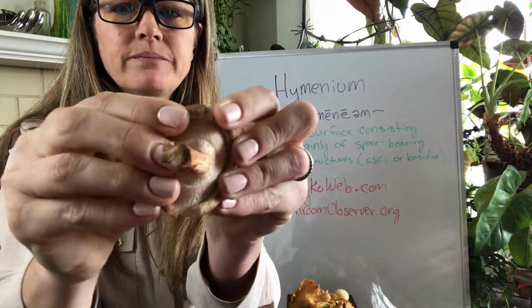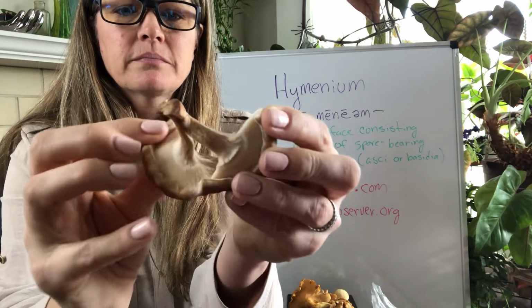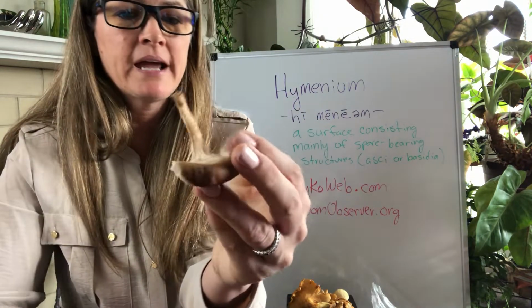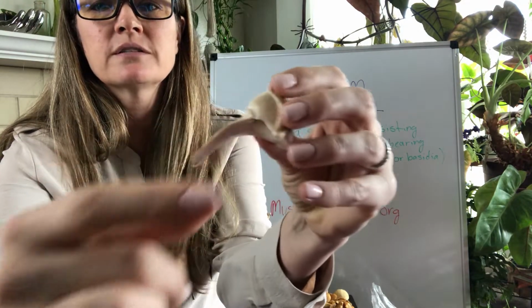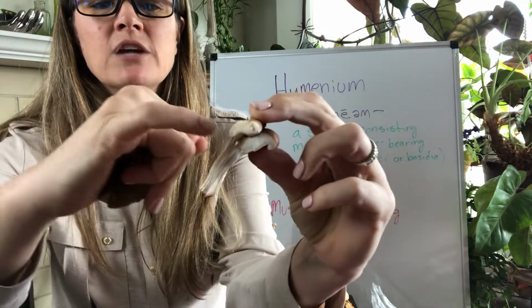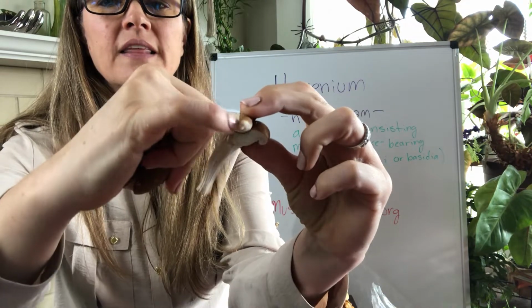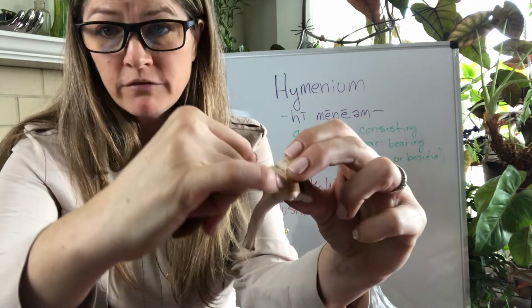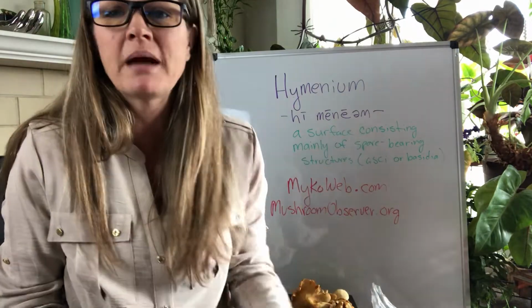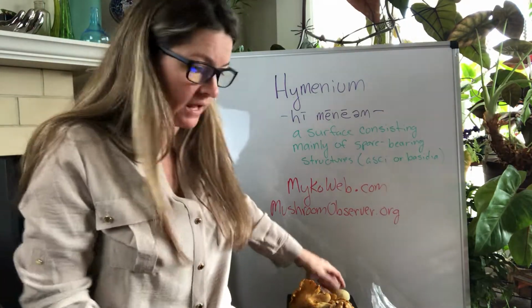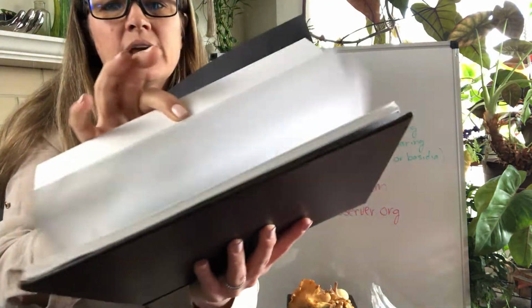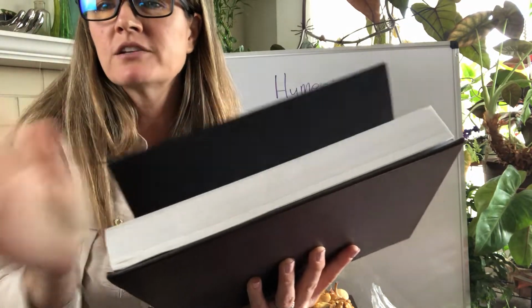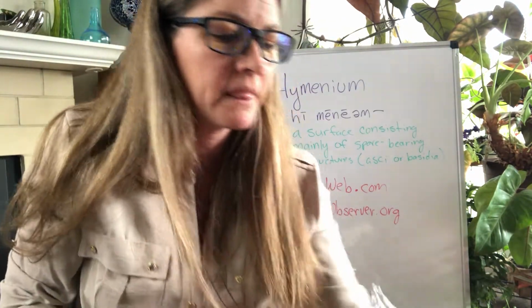You can pull it apart, and you can get your fingers down into the gills, and you can actually flip the gills back and forth like pages of a book. I have my thesis here, the Lycoperdaceae of California, and gills you can flip like pages of a book, okay?